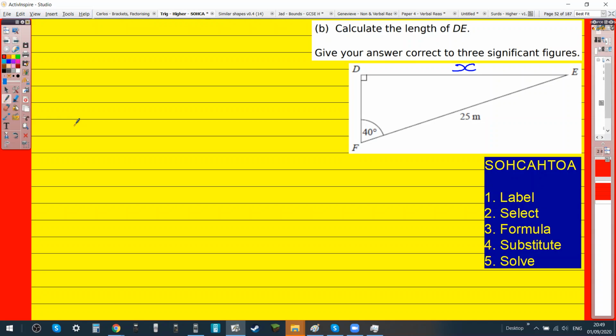Okay. So, x is the thing. So, would 25 be the opposite? Right angle is here.